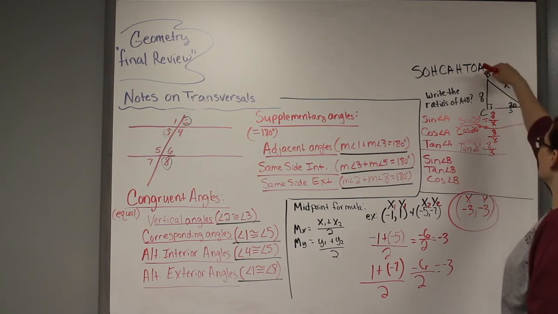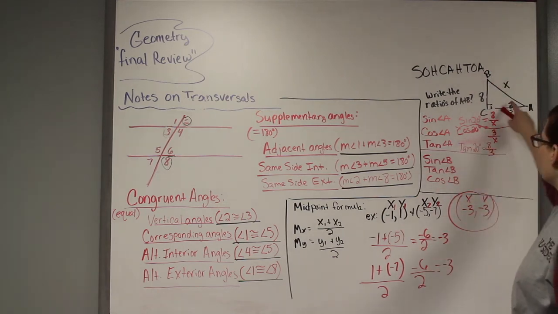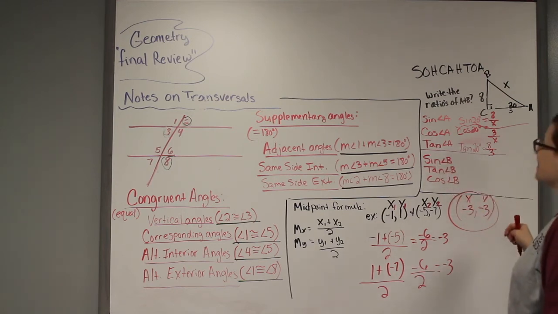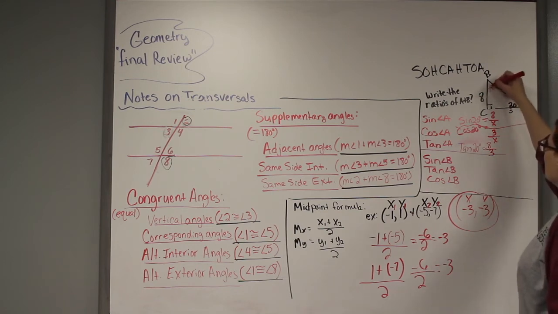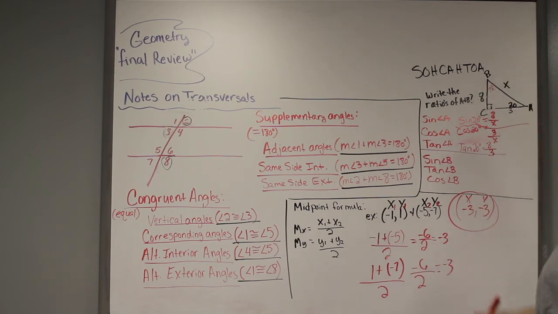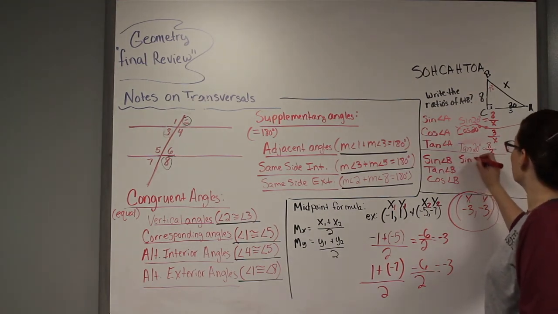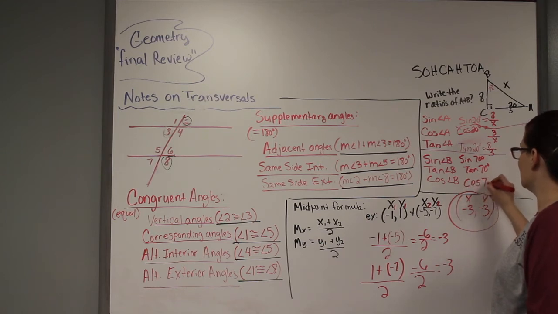Now we're at angle B. We don't really know what angle B is here, and if there was not this angle and you didn't know what it is, you would just say sine of angle B. But because this is a triangle, and triangles add to 180, 90 degrees and 20 degrees, so this one must be 70 degrees in order for it to be 90 and 90, which is 180. So I will say the sine of 70 degrees, the tangent of 70 degrees and the cosine of 70 degrees.